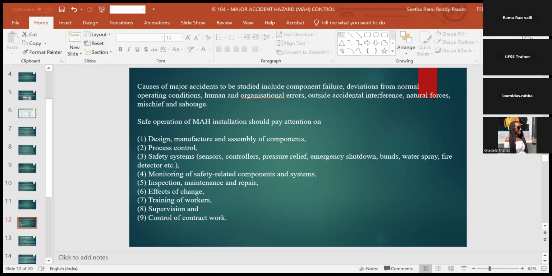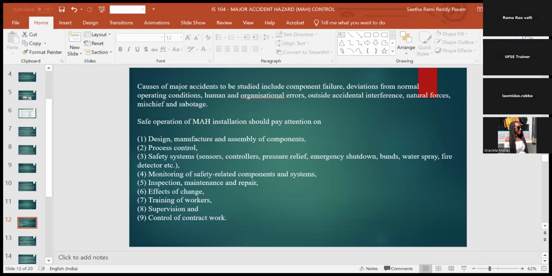It is also considered a secondary containment. We use secondary containment for portable barrels, any diesel barrels and leakage, and for bulk storage we call it a bund.